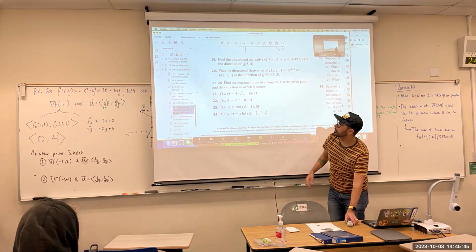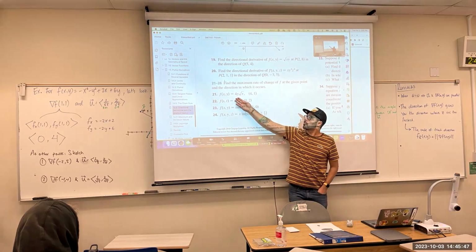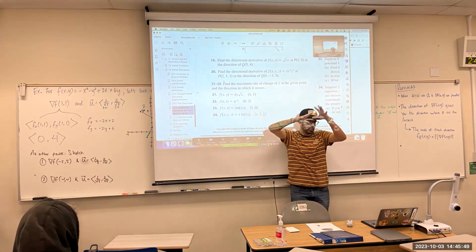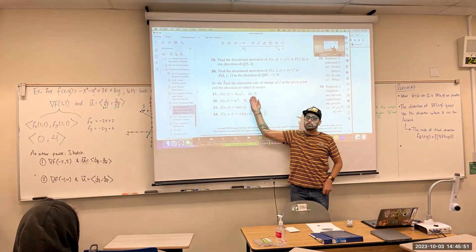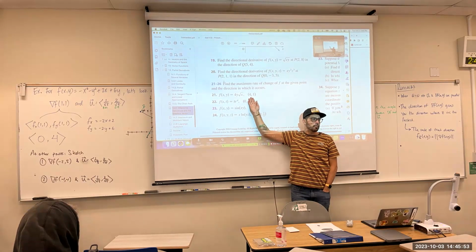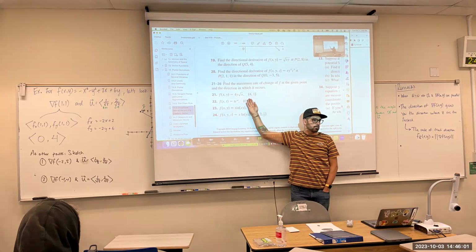But what is the direction? So this is a function. It has a funky surface, and you're at the point (4, 1). How would you find the direction that gives you maximal rate of change? What would you have to do? Find the gradient. But how do you find the gradient?